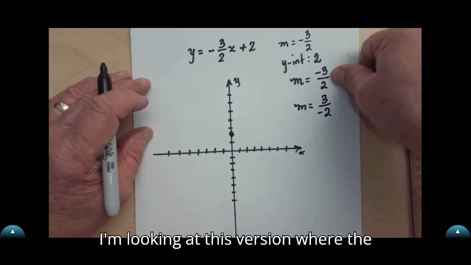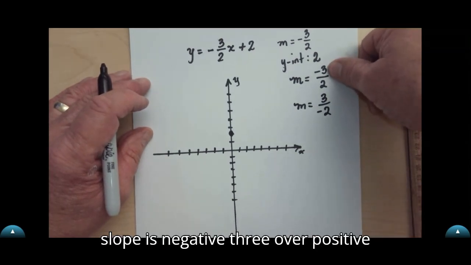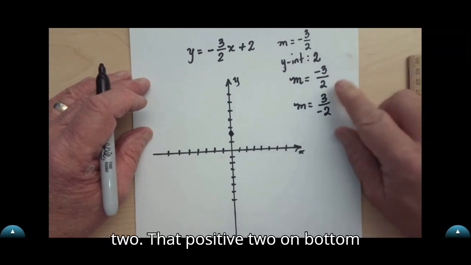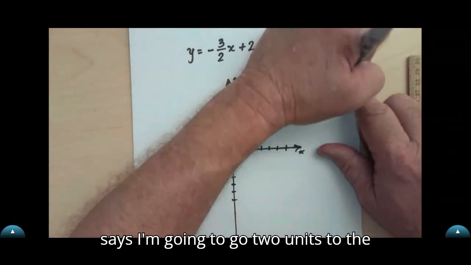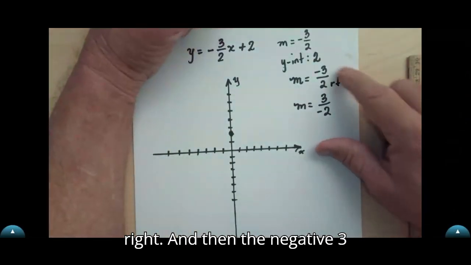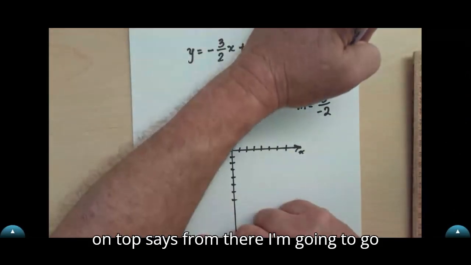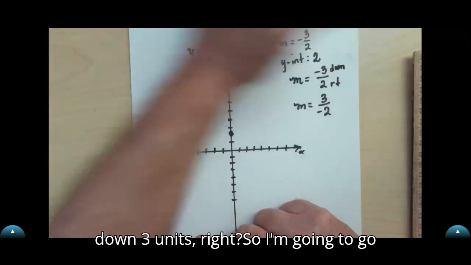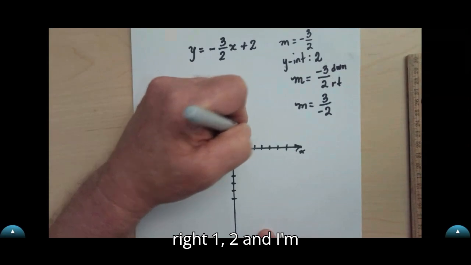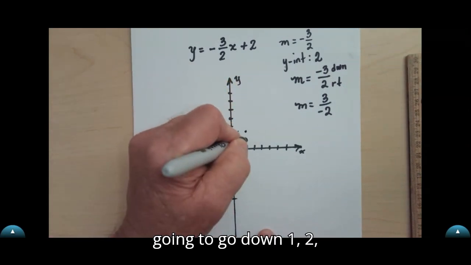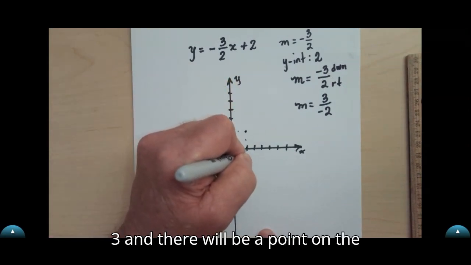So let's say that I'm looking at this version where the slope is negative 3 over positive 2. That positive 2 on bottom says I'm going to go 2 units to the right. And then the negative 3 on top says from there I'm going to go down 3 units, right? So I'm going to go right 1, 2, and I'm going to go down 1, 2, 3.